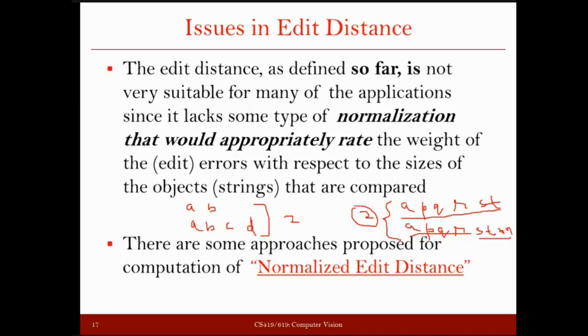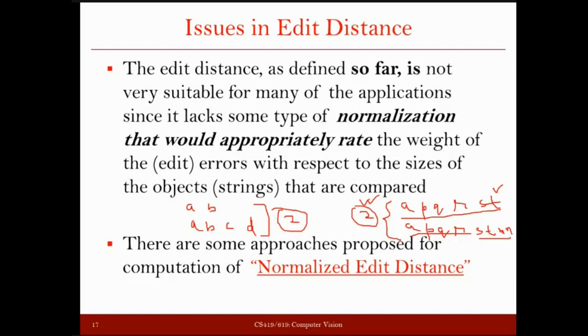But if you compare these examples, you will find that in the first example, half of the string is not matching. In the last case, just a very small fraction of the string is not matching. So the significance you get from this 2 is not the same in both cases. This 2 is of much higher importance compared to this 2.